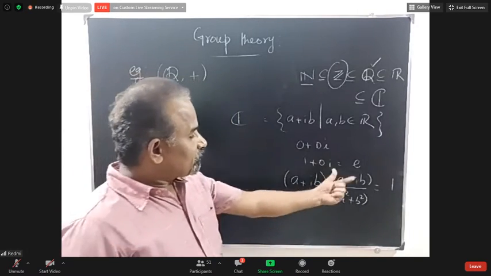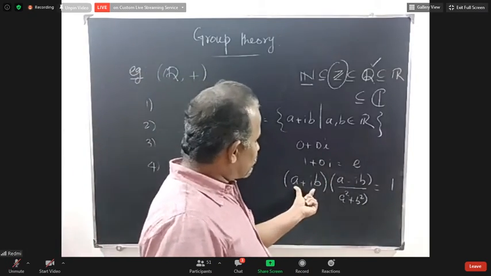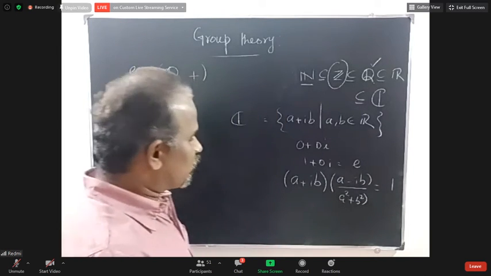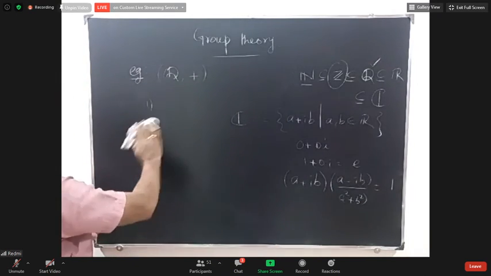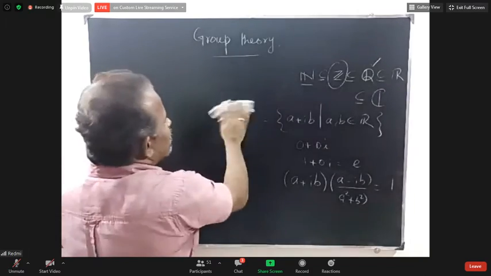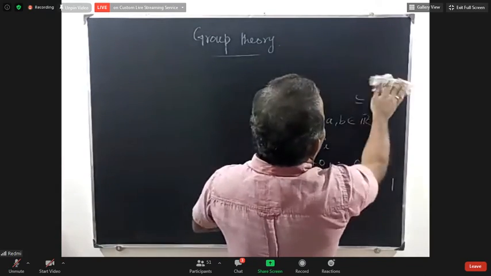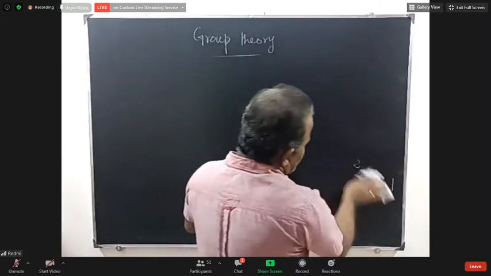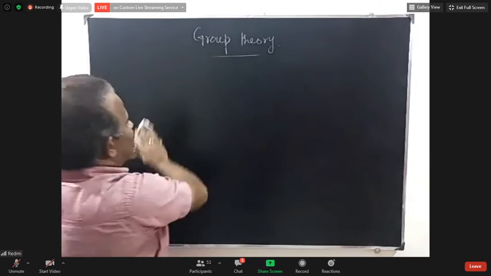So therefore, the inverse of a plus ib is equal to a minus ib by a square plus b square. You multiply these two elements, you will be getting 1. So therefore, these are all the groups in our number system.